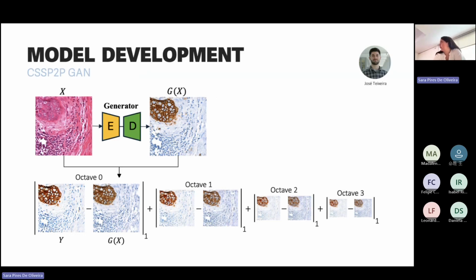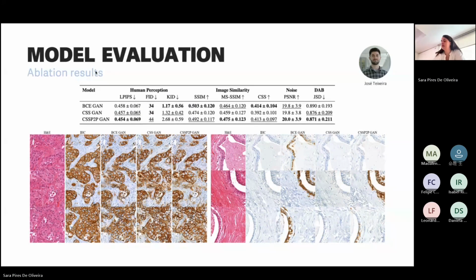Okay, and so, when we compare all of these variations, even though we came up with the CSS loss to try to improve the preservation of the H&E or the cell structure, what we concluded is that the main contribution is the training regularization, because then the DAB representation is really improved.